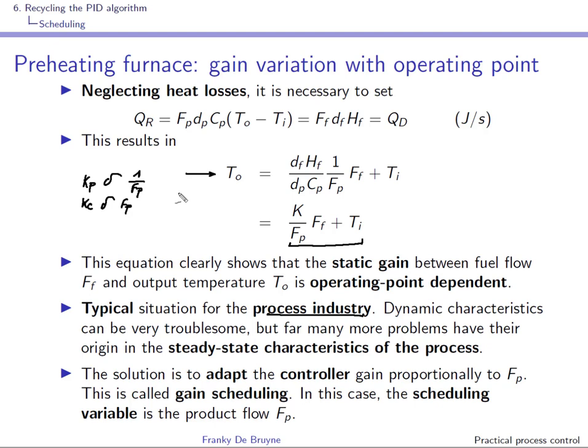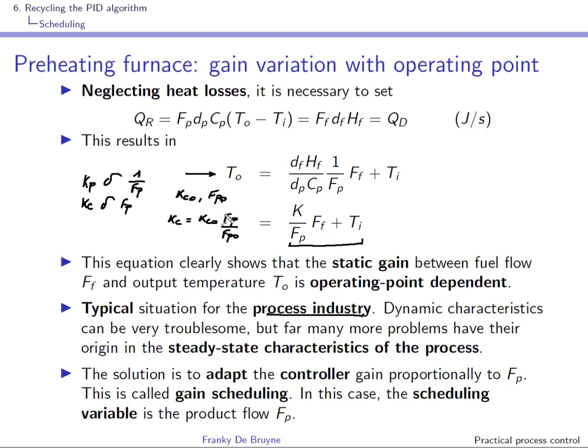We tune the controller and we obtain, for instance, a controller gain KC0 for the operating point FP0. And then we can adapt the gain as follows. We take KC0 and we multiply by the product flow FP over FP0.